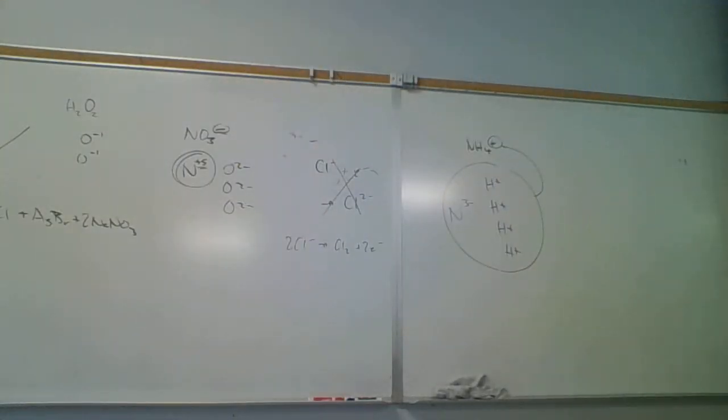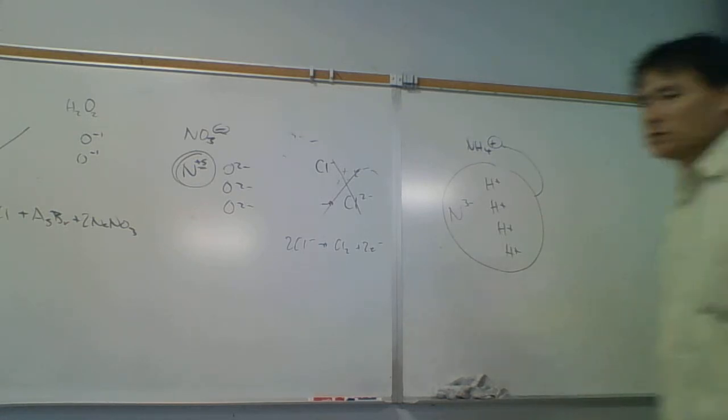These are the pseudo group 1 and pseudo group 2. You know, group 1 is always +1, group 2 is always +2. In the pseudo group 1, these are +1, and in the pseudo group 2, these are +2. Zinc is always +2. There's no variable charge, so we don't need the Roman numeral. It's just called zinc.